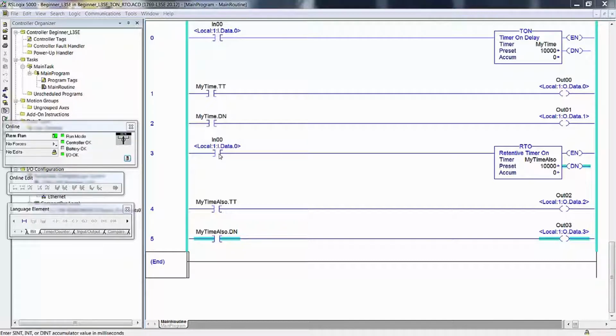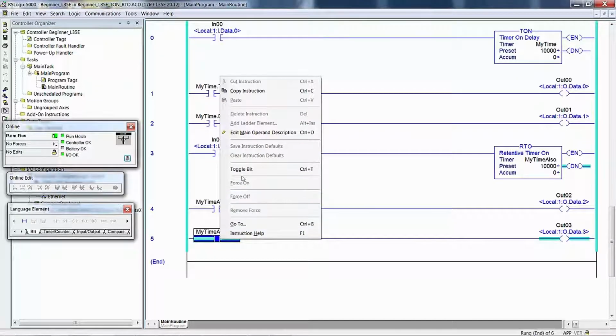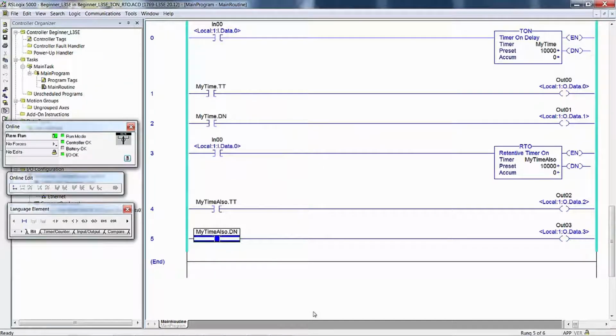If you read through those questions, then you kind of know what to look at. Now, since this should not have been set to done, it may cause a problem. So rather than gamble on that, I'm going to right click, toggle bit to get this in the reset condition, because this is what it should have looked like for you, just like this.